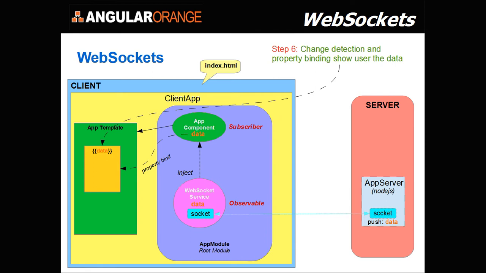Then the browser pulls the data. Since the data changes in the DOM element, the browser pulls it. So there's Angular, there's the browser, there's all these different things that are working to our advantage. From an observable point of view, and from the WebSockets point of view, just make sure your app component's data is dynamically changing as data is being pushed from the Node.js socket, okay?